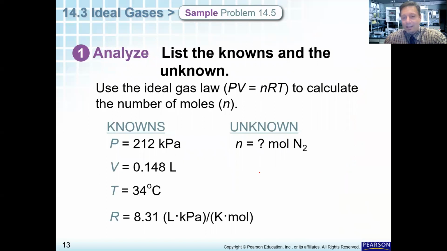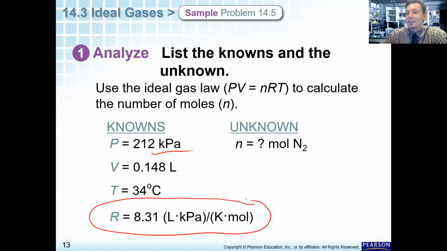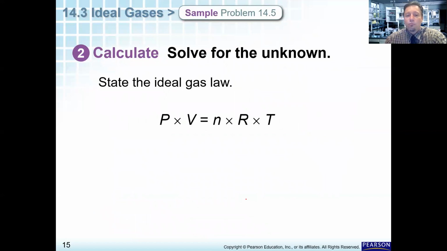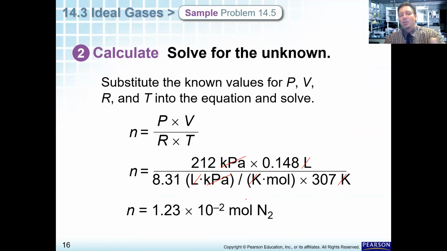So always write down everything that you need to know. And our pressure was listed in kilopascals, so right away we pull our R value that has kilopascals in it, and it's the 8.31. So you change your temperature to Kelvin, and then you write down your formula, and then they convert it.